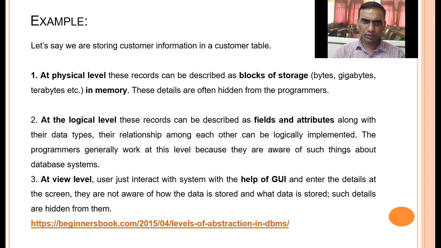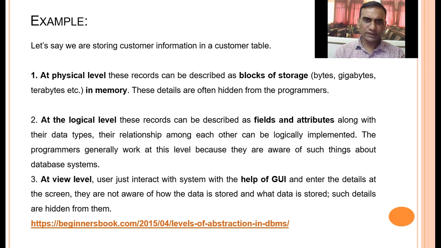Whatever information you have about your customer is stored at the physical level, on the hard disk, as a block of storage in bytes, gigabytes, or terabytes. These details are often hidden from the programmer. This information can only be viewed by the database administrator, who is the one eligible to modify it.